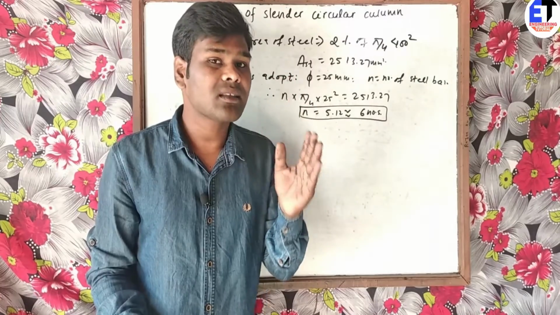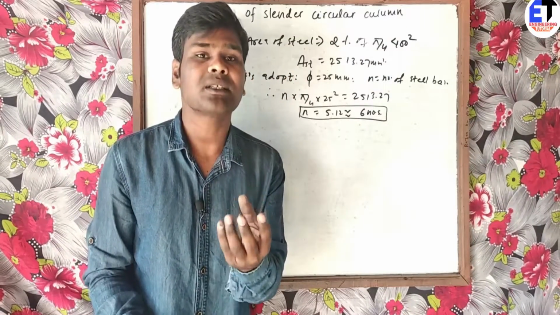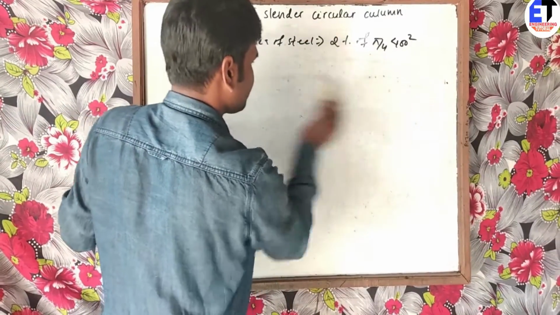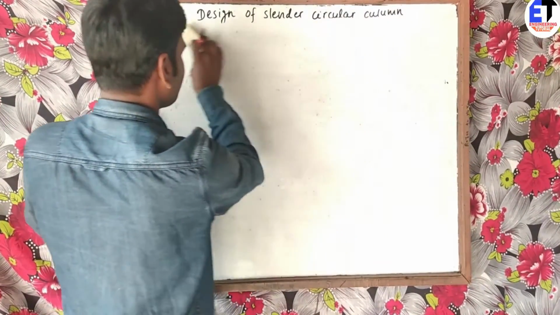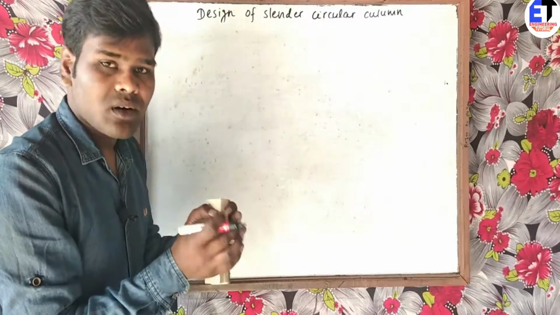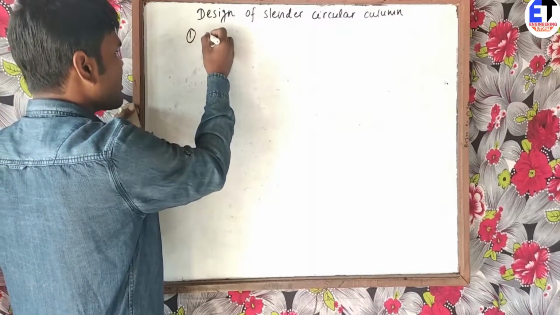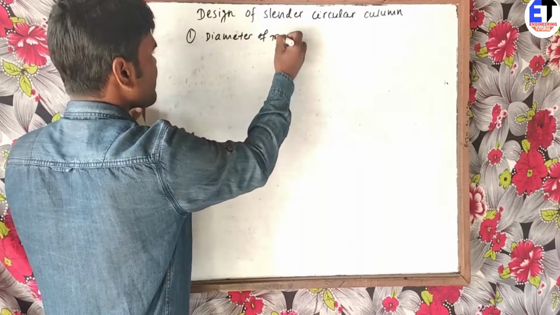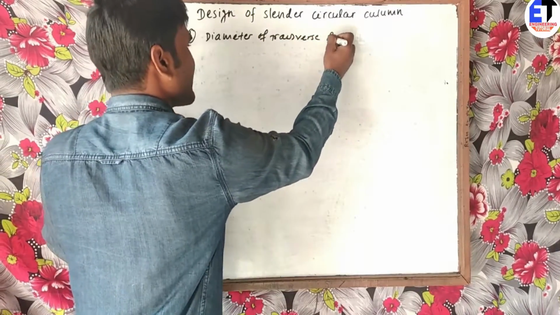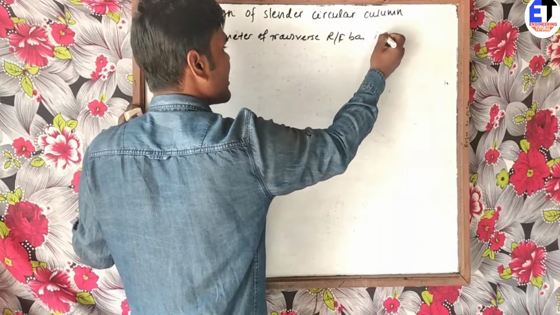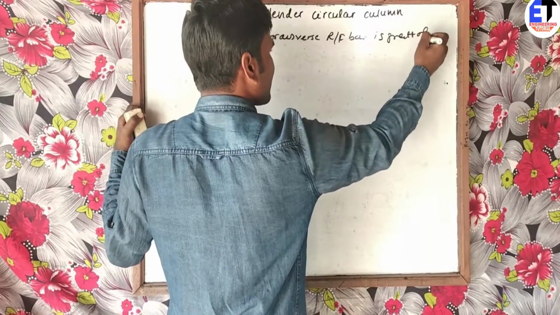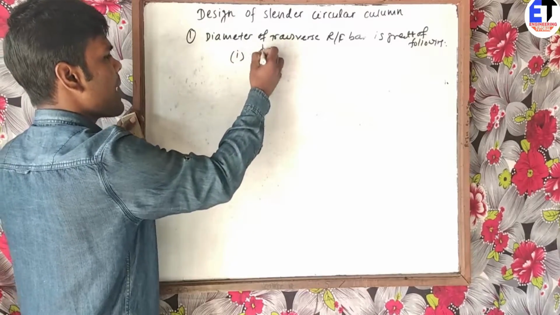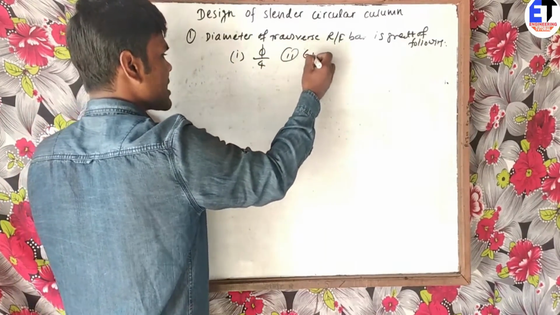Now for designing the transverse reinforcement, meaning the lateral ties, the code gives us the rule that the diameter of transverse reinforcement is the greater of the following: first, phi by 4 or 6 mm.